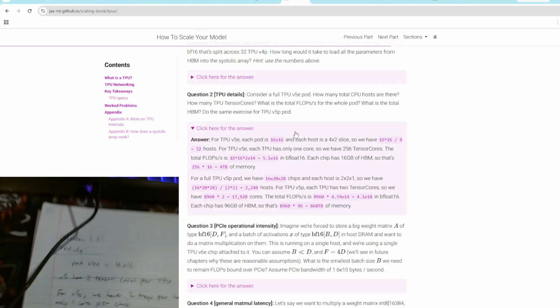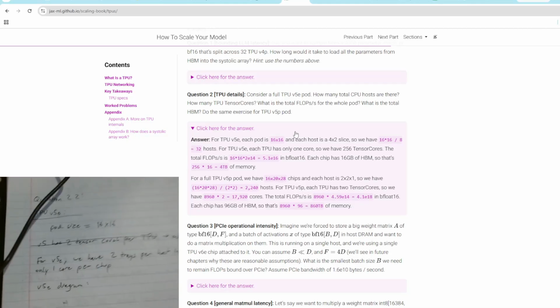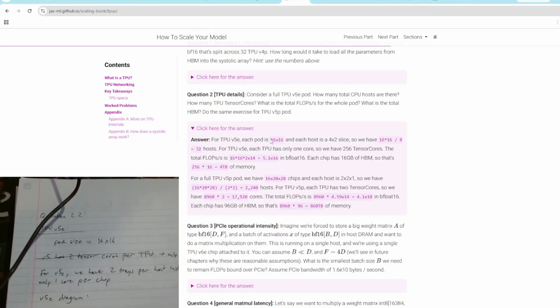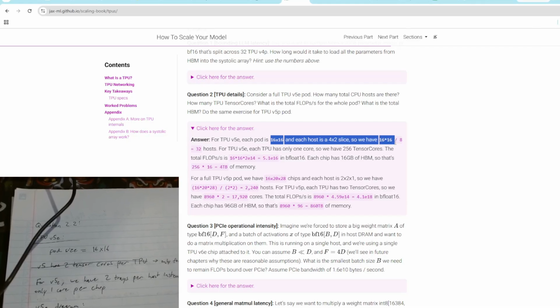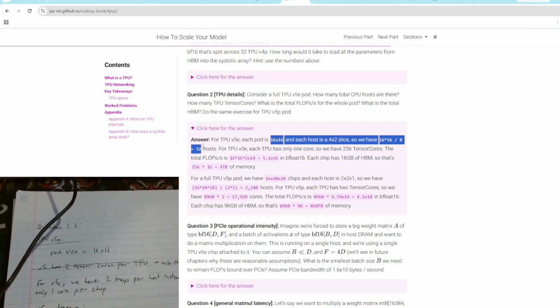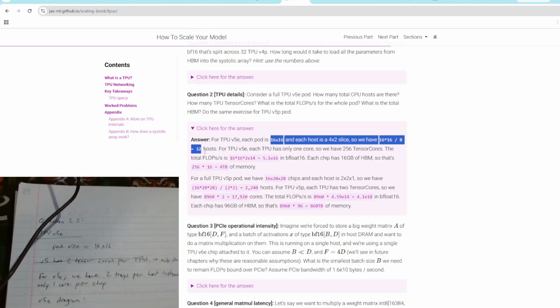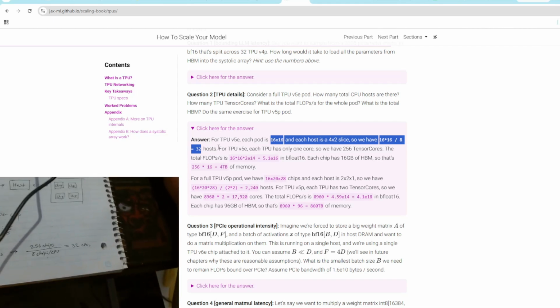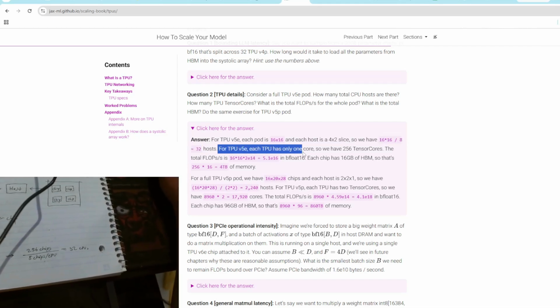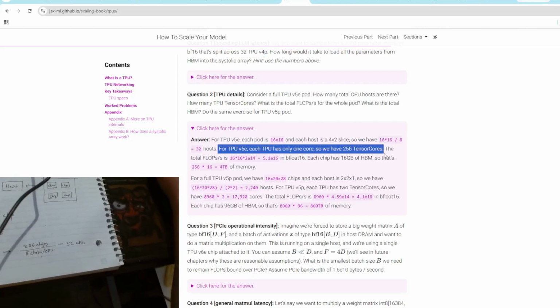Pod size is 16 by 16, and each host is a 4x2 slice. So we have 16 times 16 divided by 8 equals 32 hosts. Oh, okay, so I got that right. 32 CPUs. For TPU V5E, each TPU has only 1 core, so you have 256 tensor cores.